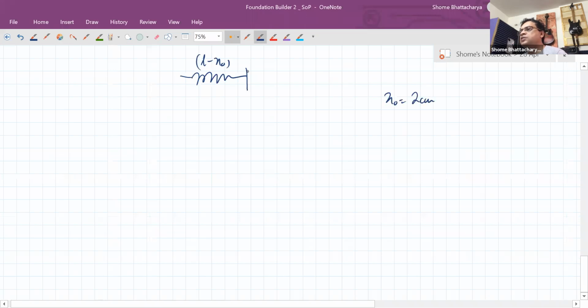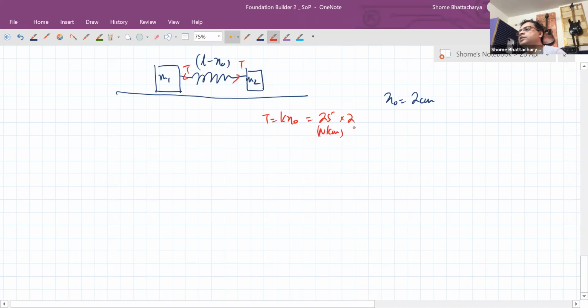So the spring is pushing both the blocks on either side with a tension outwards like this. And this tension is equal to kx naught. So that is 25 newtons per centimeter into 2 centimeters. So the tension equal to kx naught is equal to 50 newtons on each block.